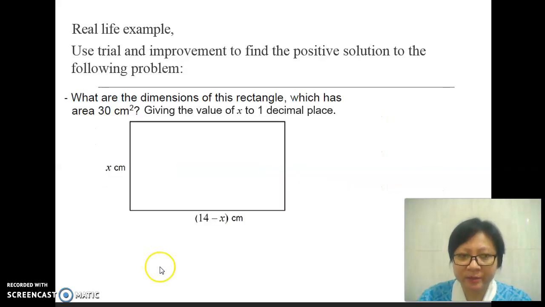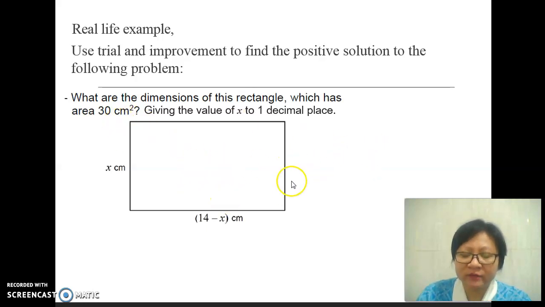Let's see another example, a real-life example. It means for length here, length cannot be negative. Find the dimensions of this rectangle, which has an area of 30 square centimeters, giving the value of x to one decimal place. First, we need to formulate the quadratic equation.